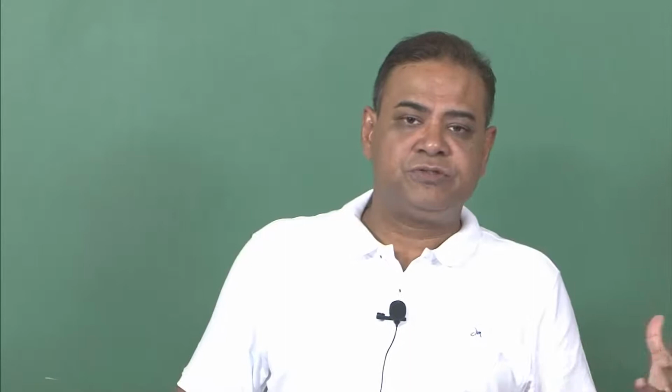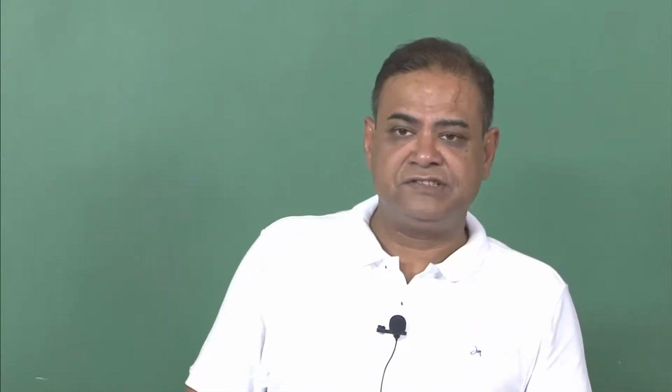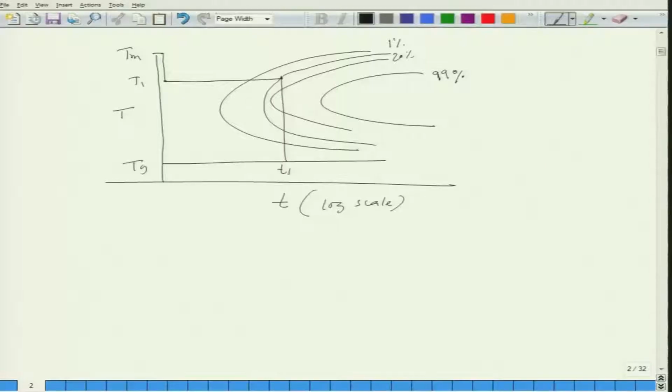That means you are not allowing time for those liquid atoms to rearrange themselves to form extra nucleating sites and subsequent growth. So, now 20% crystal will form and then rest of the metal will become glass.